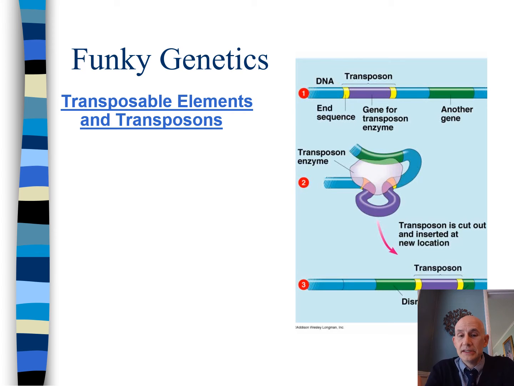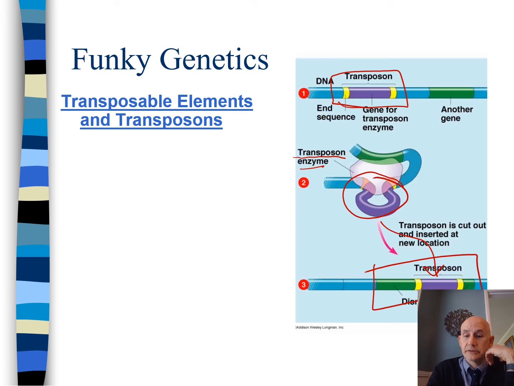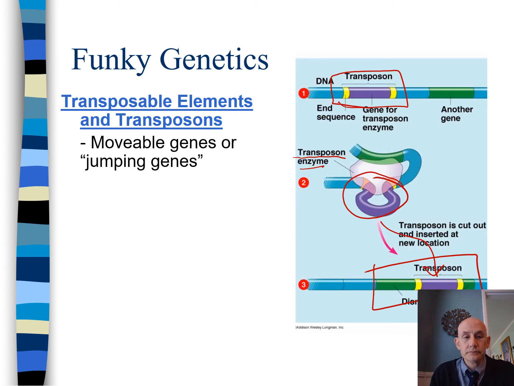And so as we see in this picture, you've got this gene that makes a protein called the transposon enzyme or transposase, and that causes the gene to get cut out and then inserted somewhere else on some other chromosome. And what that will do, that will disrupt whatever gene it was inserted into, and then that gene is non-functional. So they're called jumping genes.